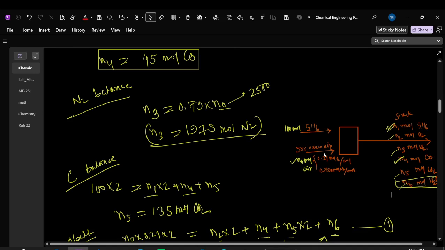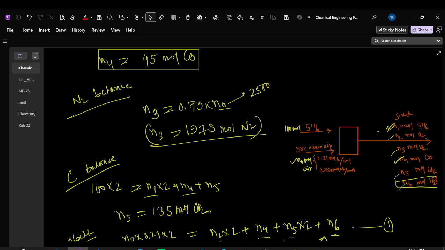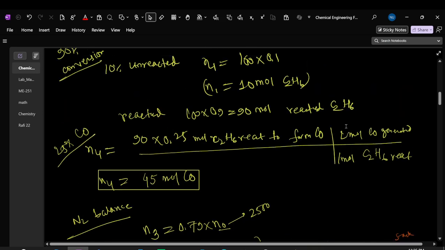By neglecting the H2O, we calculate the total mole, that means N1 plus N2 plus N3 plus N4 plus N5. Then we calculate the composition for these 5 gases. For C2H6 ethane the composition will be N1 divided by total mole, for oxygen N2 divided by total mole, for nitrogen N3 divided by total mole, and so on. By this we can easily calculate the molar gas composition on a dry basis. So this is the method for solving this problem.